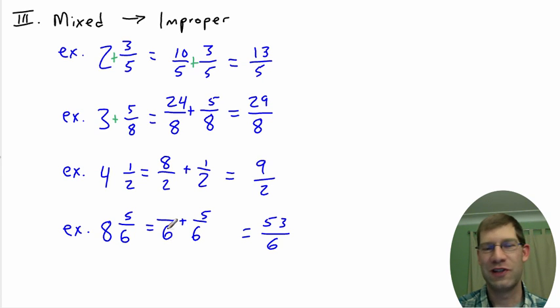So 1/6 is going to equal 8, well, that's going to end up being 6 times 8, so 48. And then we add our fractions together. 48 and 5 is 53. Keep our common denominator of 6. So that's how you go from improper to mixed and mixed to improper fractions.